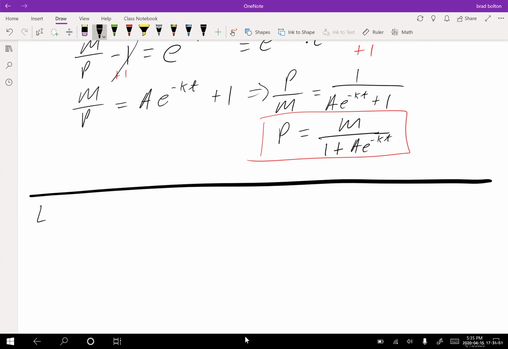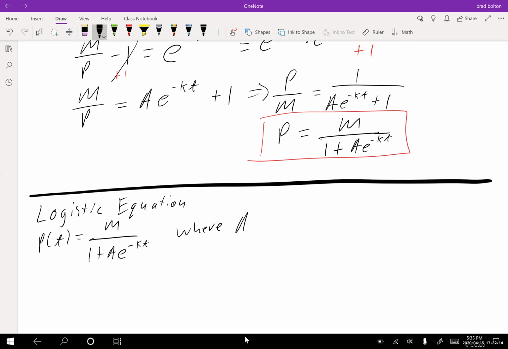So now let's write it out officially. Formally, the logistic equation: P of T equals M over 1 plus A e to the negative KT, where A equals M minus P naught divided by P naught, and M is the carrying capacity.